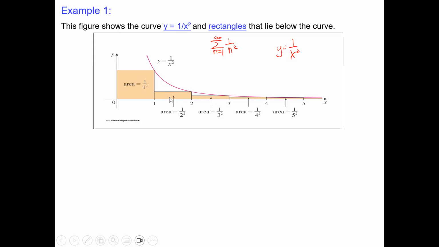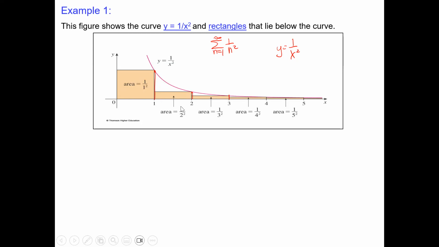If we think about the areas of these rectangles, it's base times height. Height is the value of the function: the value of the function at 1, at 2, at 3, and so on. With base 1 times the value of the function, that's the area.